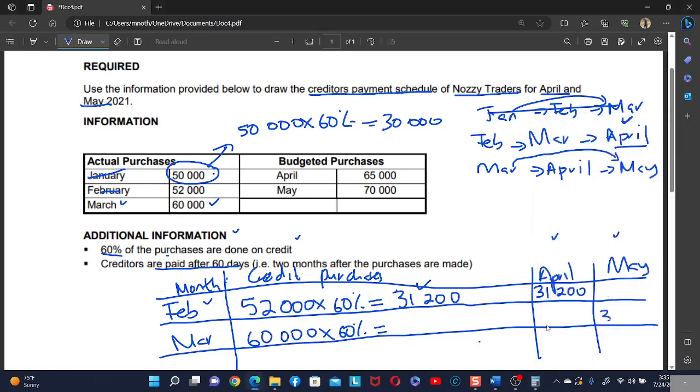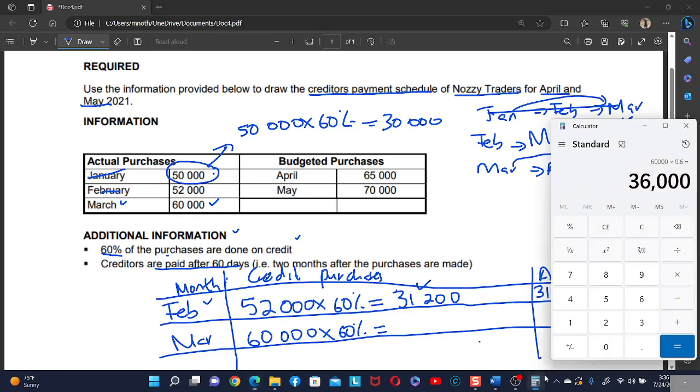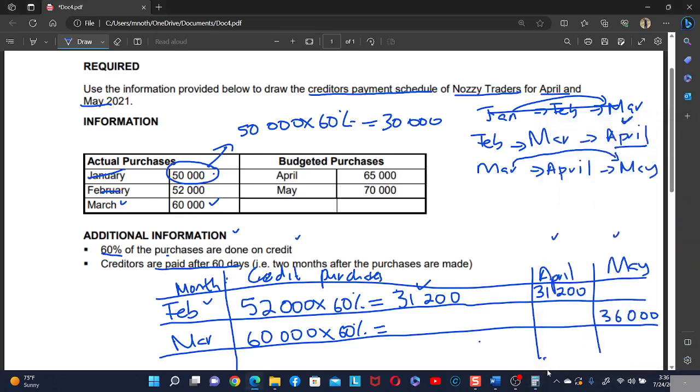So in May, we are going to have 36,000. The total in April is 31,200 and in May 36,000. These are the payments to creditors.